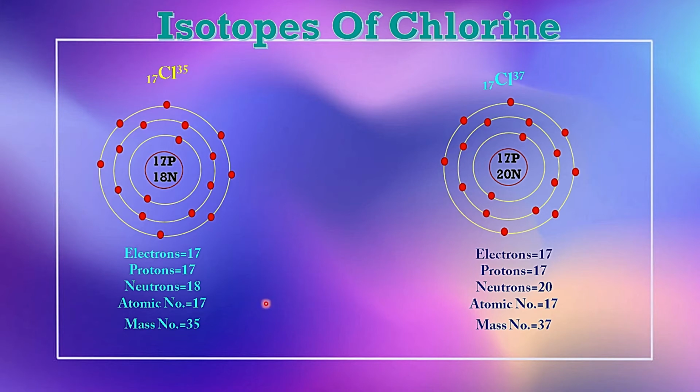Atomic number is the same, 17, and mass number is different, 37. So average atomic mass of chlorine is 35.45, with respect to the percentage abundance of both the chlorine isotopes, because this chlorine isotope exists 75% in nature and this chlorine isotope exists as 25% in nature.